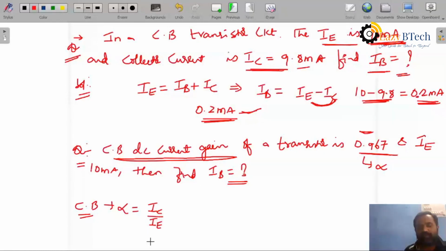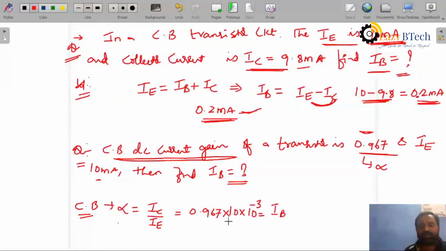Now you know the value of IE. He has given 10 milliampere. Alpha is given, so you can write alpha 0.967 into IE. IE how much? 10 milli, 10 into 10 power minus 3. From this you will get the value.